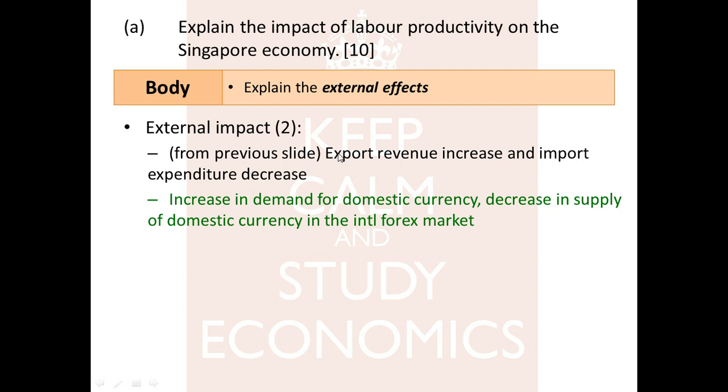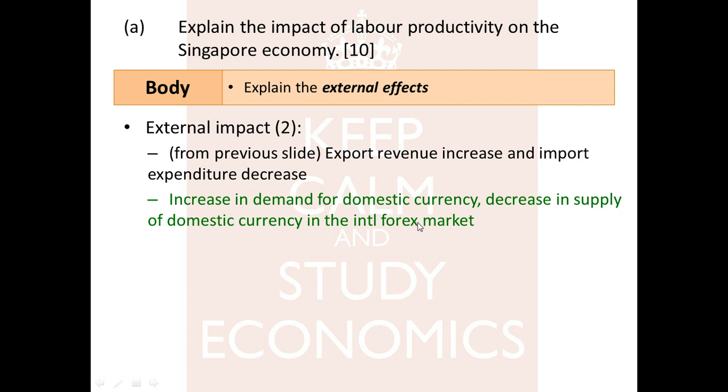When your exports increase, you are selling more to foreigners, right? Now, the foreigners have to pay you back in your domestic currency, which means they have to go to the international forex market to demand, to buy, your domestic currency. That results in an increase in demand for the domestic currency in the international forex market.